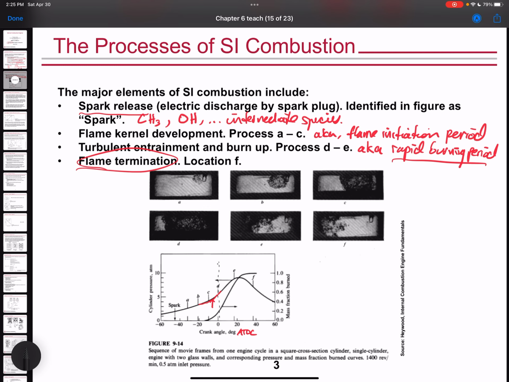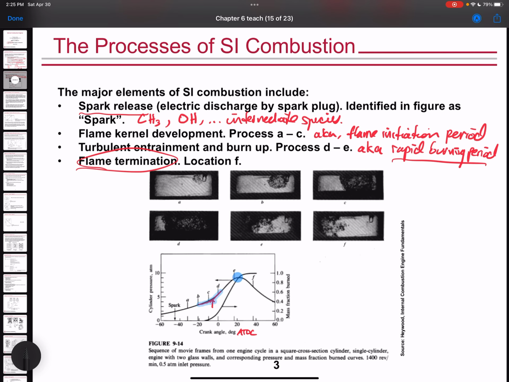But then when we get to top dead center, the piston reverses direction and continues to move down back toward bottom dead center, expanding the volume and having a tendency to decrease the pressure in the cylinder. But the pressure continues to rise as a result of the combustion process, right? So as pressure is now rising as we go from top dead center to this point F, right, which is near the peak pressure, pressure is rising in this area here as a result of combustion.